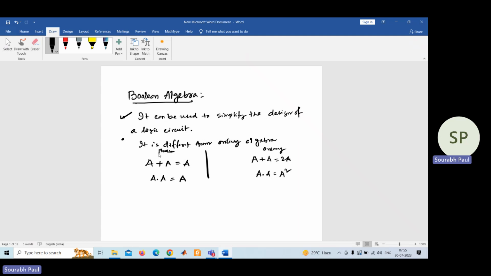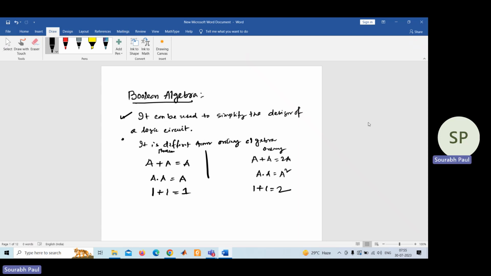The next point is that Boolean algebra is different from ordinary algebra. Some more examples: if I have 1 and do the OR operation, 1 plus 1 in Boolean is still 1, whereas in ordinary algebra 1 plus 1 equals 2.